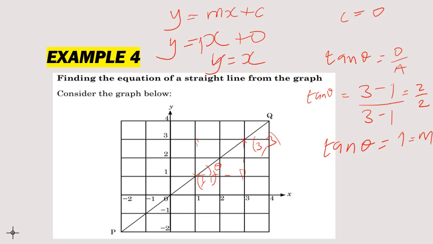What this means is that the relationship is the same. You will find that the angle should be 45 degrees, that's how it's rising.